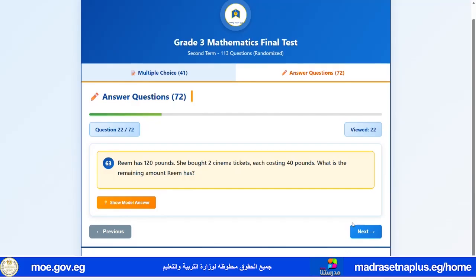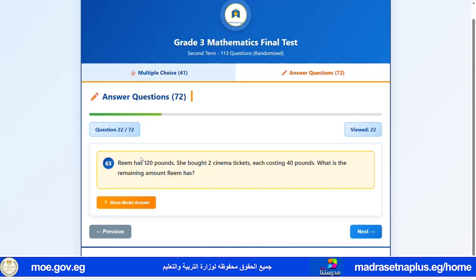Reem has 120 pounds. She bought 2 cinema tickets. Each costs 40 pounds. This problem is about adding and subtracting from 120 pounds. 2 cinema tickets, each costs 40 pounds. So 2 tickets cost 80 pounds.